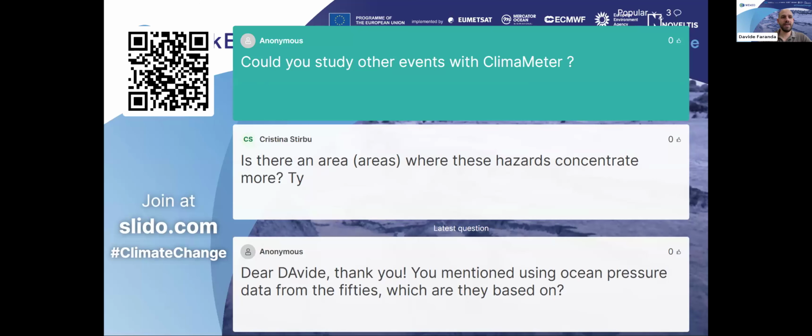So yes, we can study other events, and we have some peer-reviewed materials that extend our study, for example, to the dust storm that we had in Europe in 2024. With the analogs approach that I showed, we have analyzed the dust storms that occurred at Easter time in 2024 in Europe. And we are extending the methodology also to cover convective events, large-scale outbreaks.